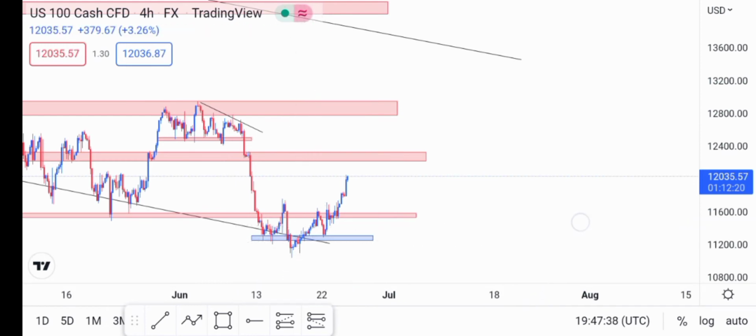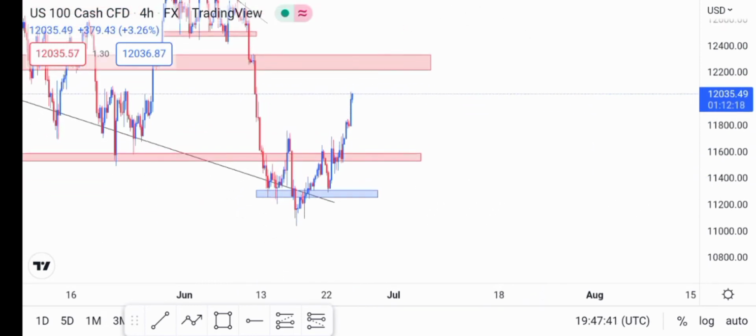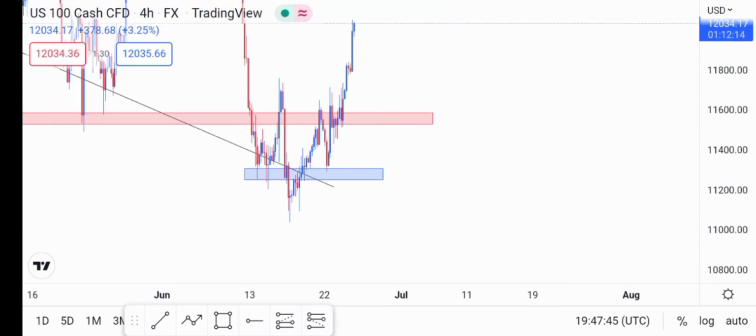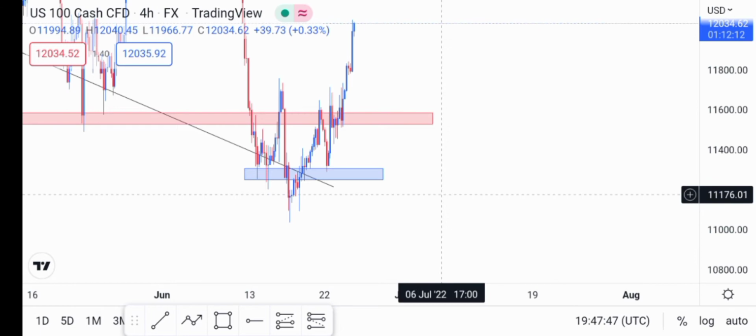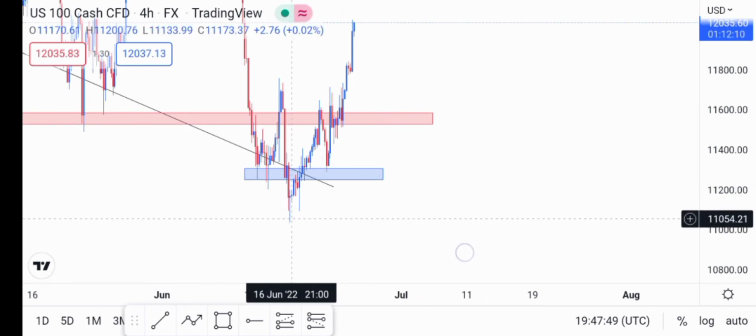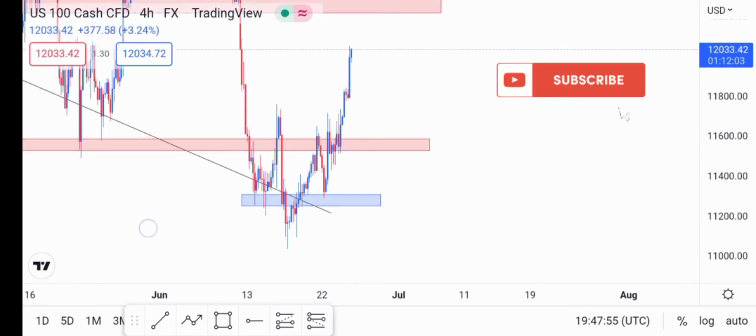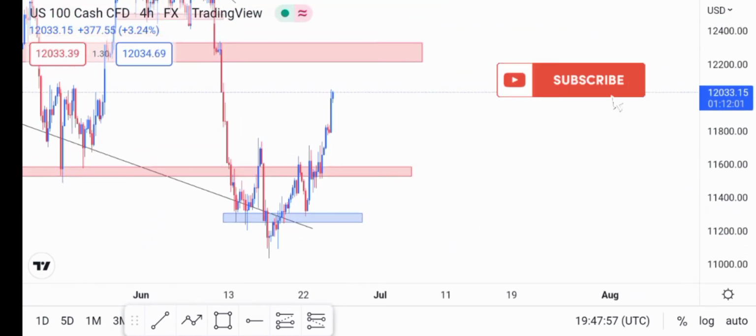As you can see, remember guys, on NAS100 there should be a lot of rejection before the big moves happen. This candlestick right over here was a huge reaction on the 4-hour time frame, creating a pin bar candlestick. So this is what created this kind of movement.